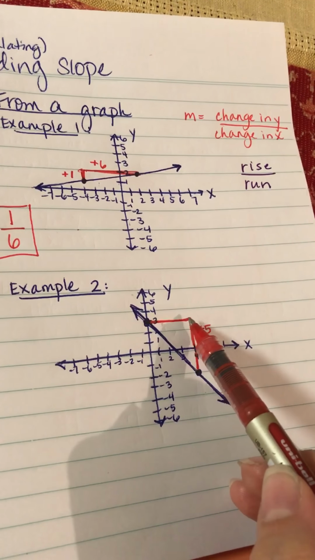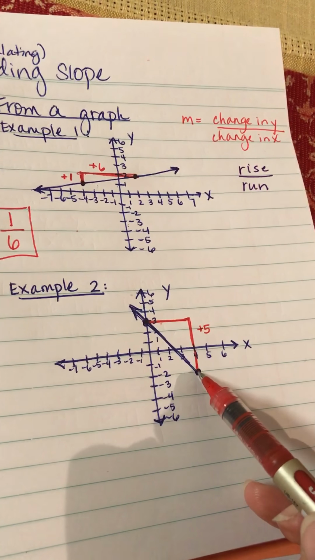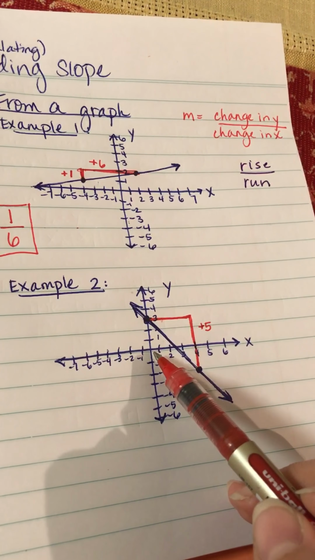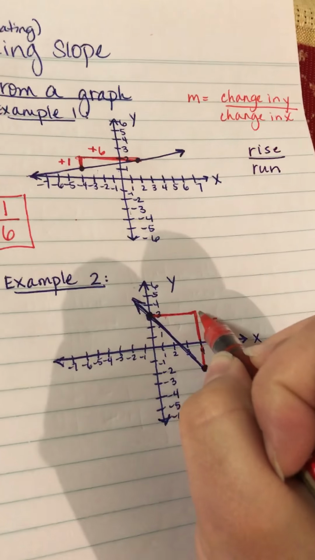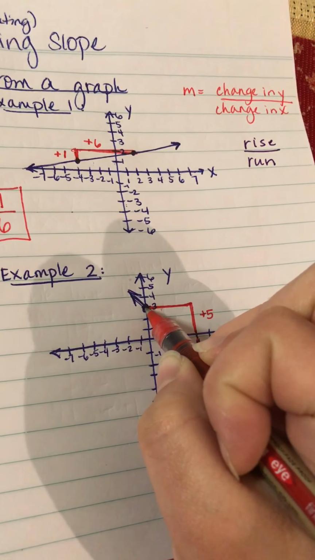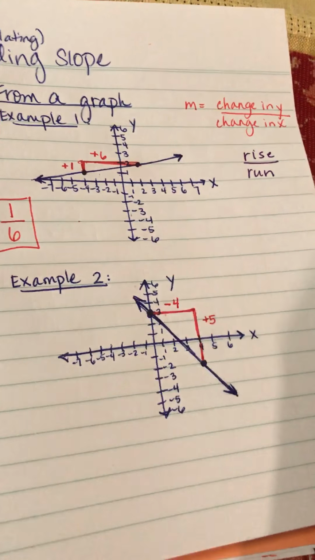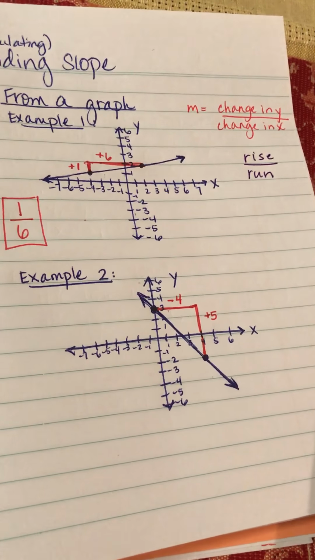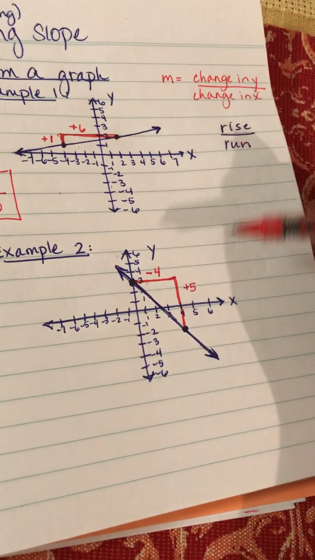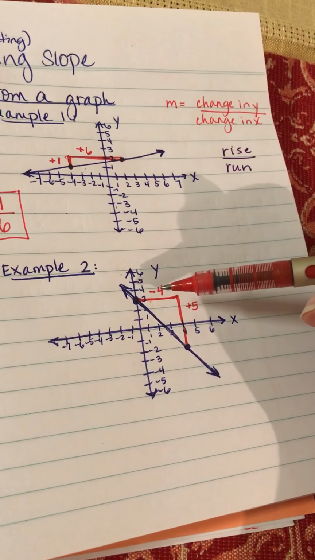The change in x values, the x values go from a +4 with this point to a 0 at this point. So over, I would have to go 1, 2, 3, 4. And because I'm going to the left, I'm going to put -4, because to the left, we write negative. Okay, so I have my change in y, that's +5, and I have my change in x, that's -4.